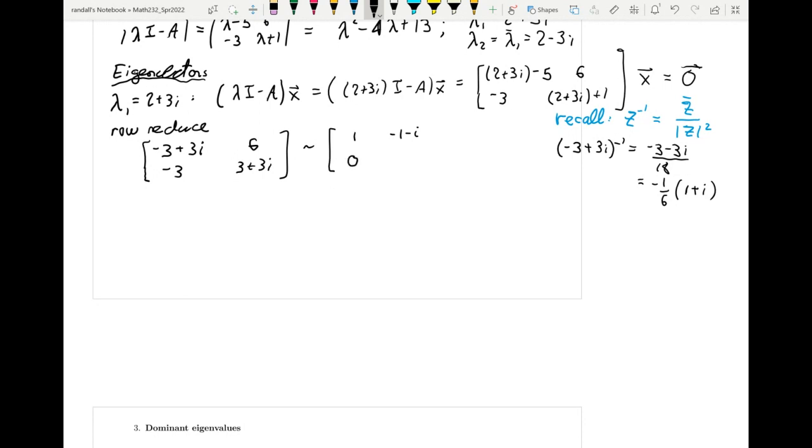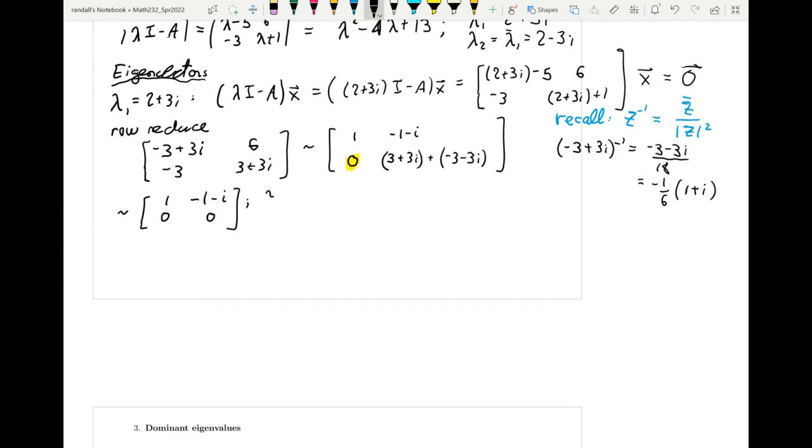In my bottom row, initially it was 3 plus 3i, and I'm going to add 3 times the top row, so plus minus 3 minus 3i. That creates the 0 here, and that cancels out, so we get finally 1, 0, minus 1 minus i, 0. So there's my row reduced coefficient matrix.